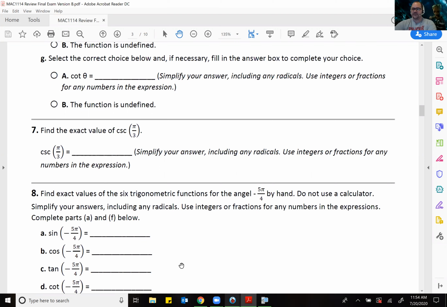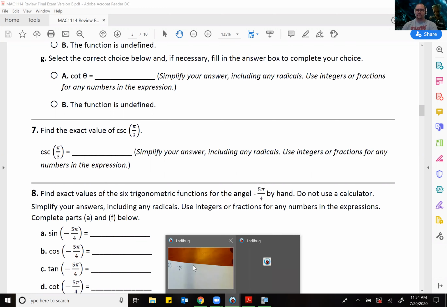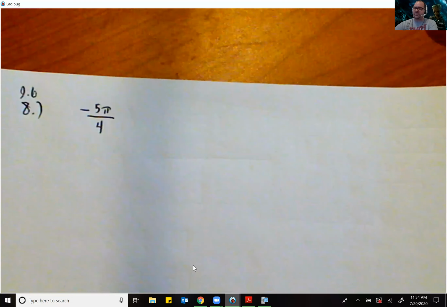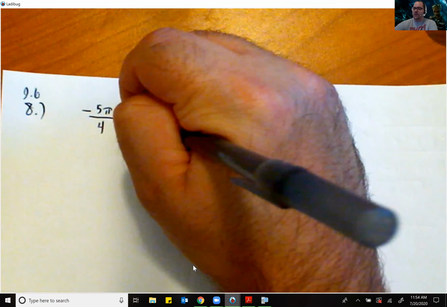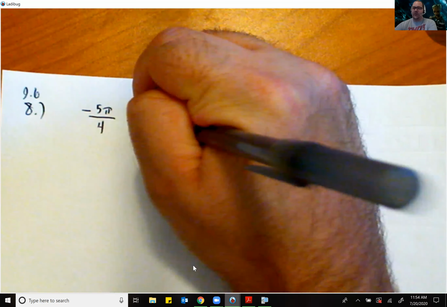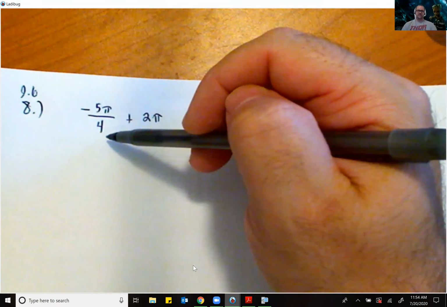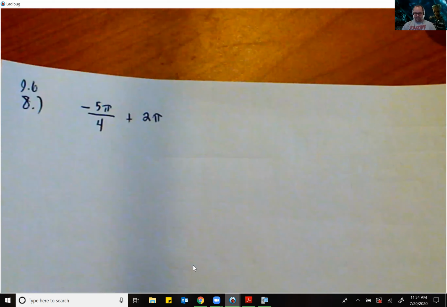So the first thing is, we don't want to deal with a negative angle. So step number 1, we want to turn this guy coterminal to be the least positive coterminal. So all we're going to do is add 2 pi. Again, though, if you don't like working with this angle in radians, change it to degrees. If you turn this into degrees, it'd be negative 225.